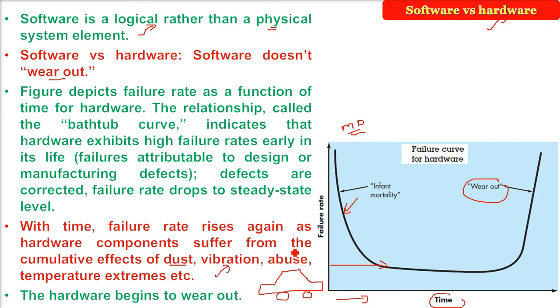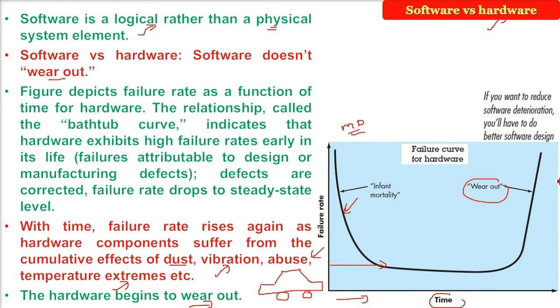So the failure rate rises again, because now the hardware components are subjected to environmental maladies. So this wearing and tearing will happen. Hardware begins to wear out. That is how I'm saying software doesn't wear out like this.